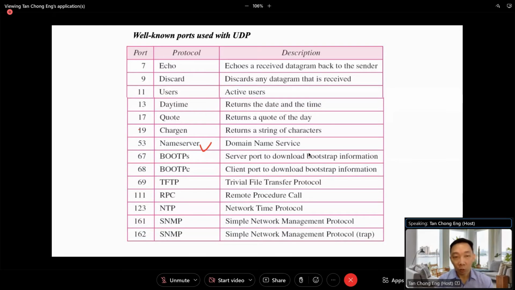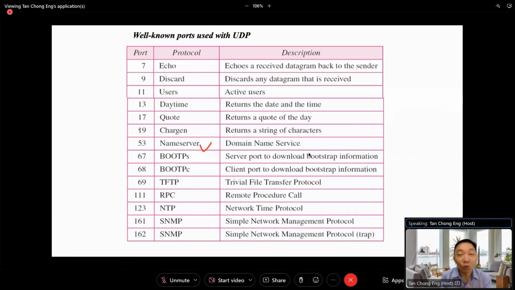Right? So you're going to ask yourself, what port are you going to use? Some of these port numbers have been fixed, especially the ones within the first 1024. Those port numbers are very much fixed, so you cannot simply change them.